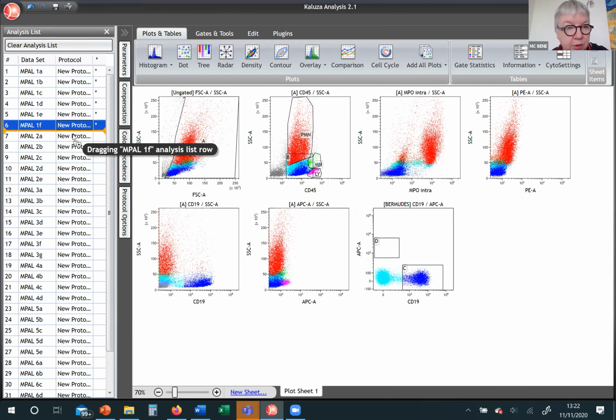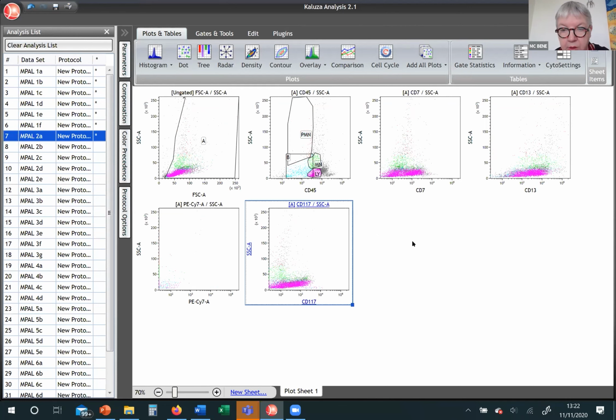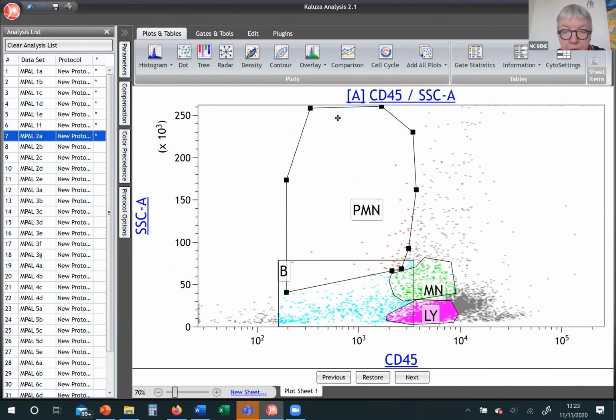So now we move to another one. Maybe I remove this because I'm not going to have this situation. And now I have to change my gates. Of course, this second case is a man of 64 years old, and he was diagnosed with this very dense population of abnormal cells.